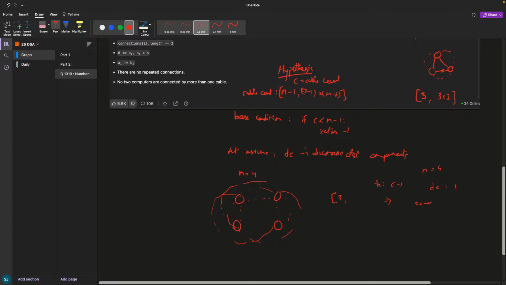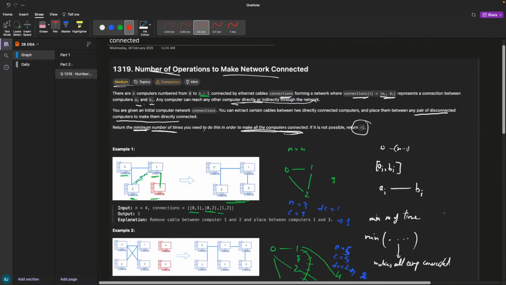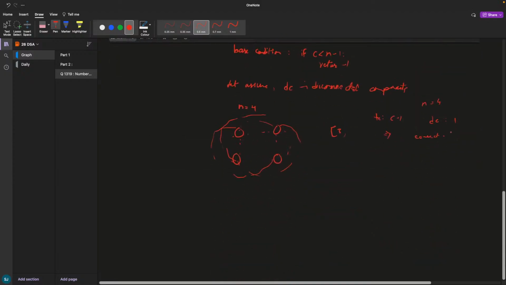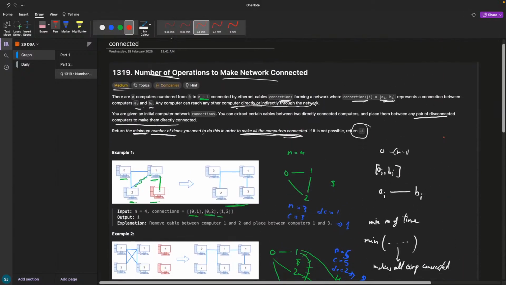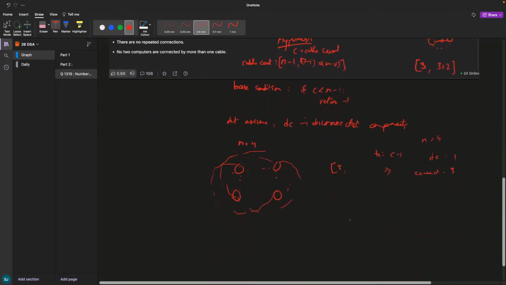Connections, total connections were how much? 3 as a whole. Yeah, now you have a disconnected component, connections of 3, where n is 4, so you have your minimum connections are n minus 1, that is nothing but 3, right?